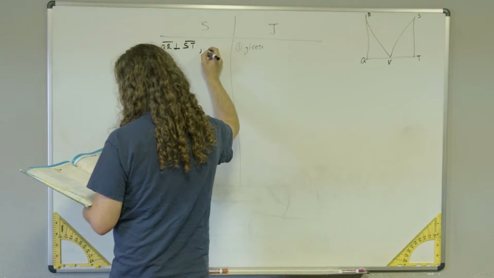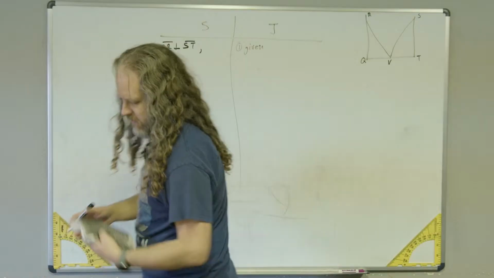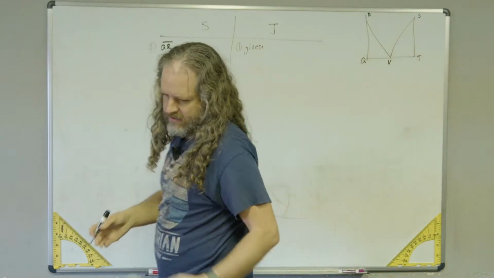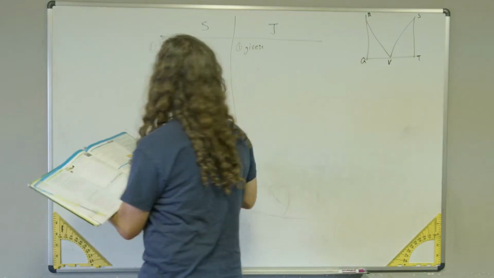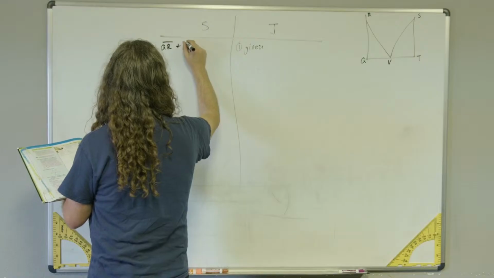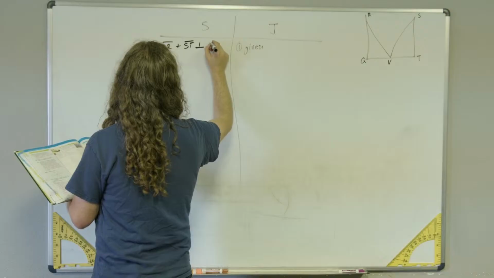And, oh no, just kidding. I didn't read that right at all. Hold on, time out. Let's try again. QR and ST are perpendicular to QT.